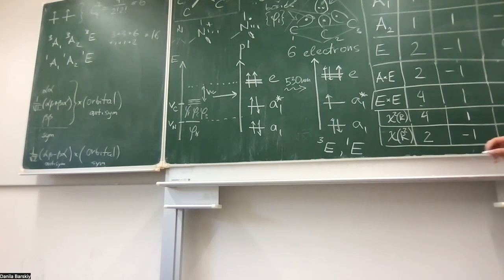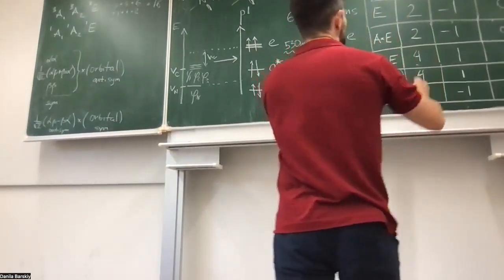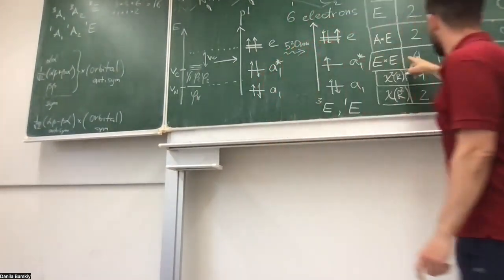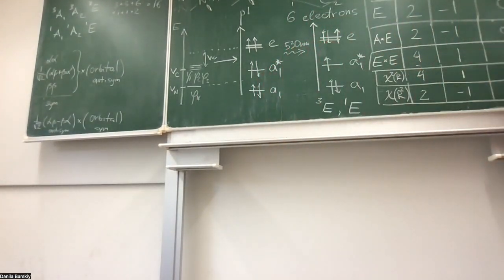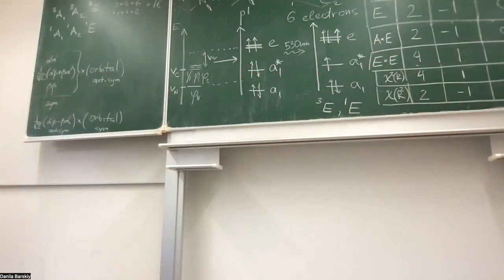Okay, so now let's find the line. This line should actually be a sum of the symmetric and antisymmetric parts. Let's check. I have to redraw it again. So again, E times E symmetric, and we're going to have E, 2C3, 3σv.